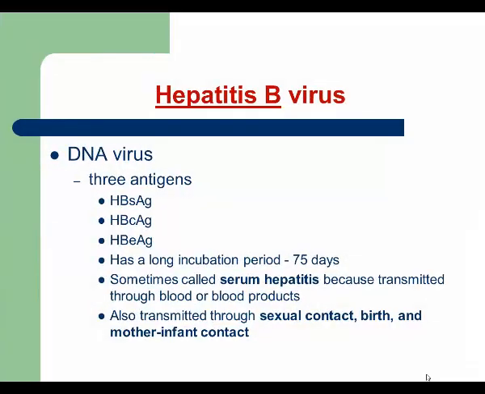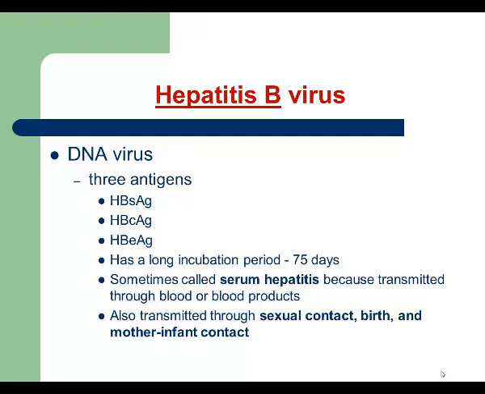Next type of hepatitis is hepatitis B, which is caused by hepatitis B virus. Hepatitis B is also called serum hepatitis because the main source of infection will be blood and blood products. Hepatitis B has 3 different antigens in its structure.